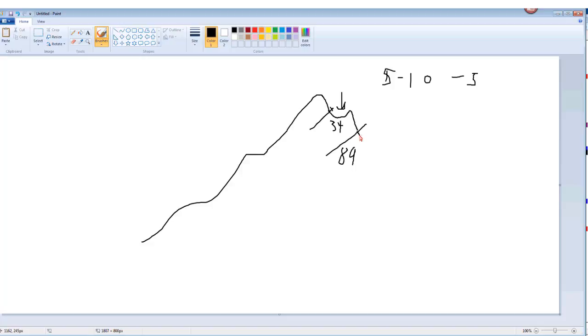What's happening right in here between the 34 and 89? Here it comes, the T20, T21. This is what we're talking about in regards to, from time to time, don't take the 89 bounce.